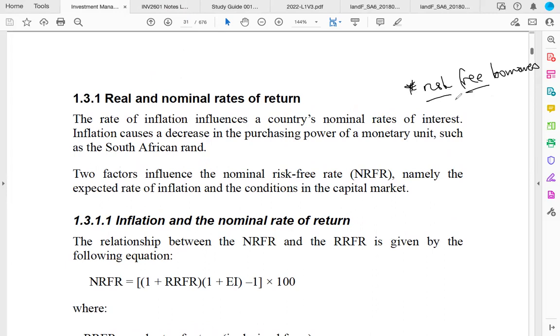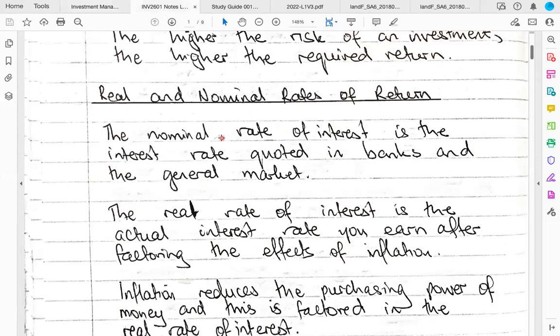So if you invest in government bonds, the government will give you a certain return on your investment, and we call that the nominal risk-free rate of interest. If it's the government, we add the risk-free part.